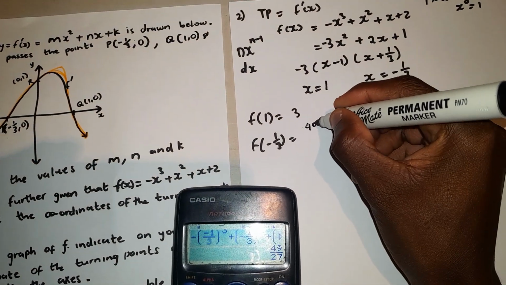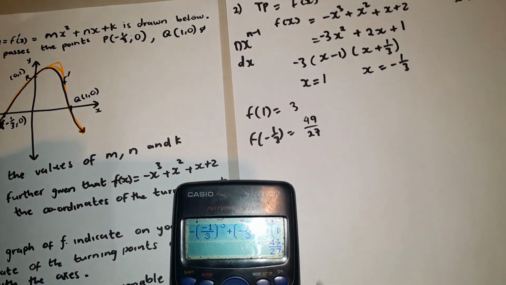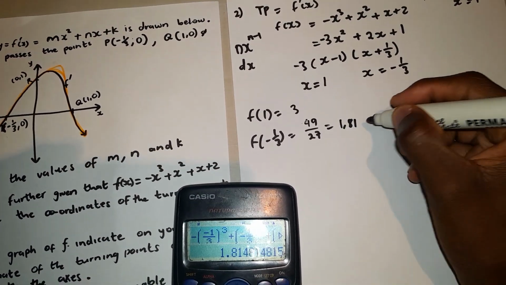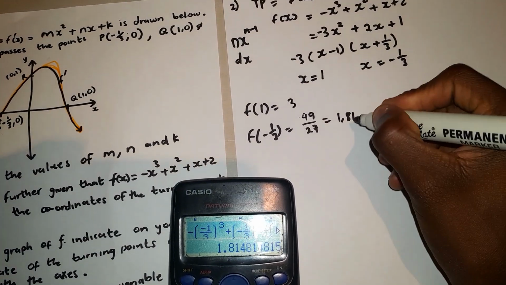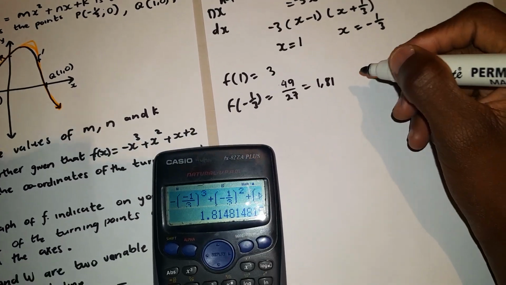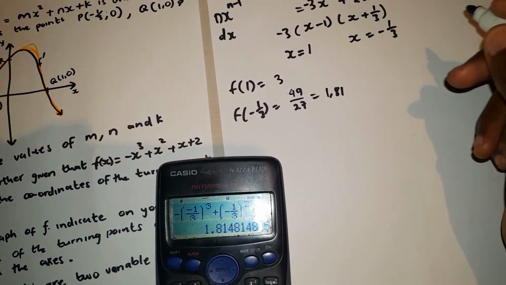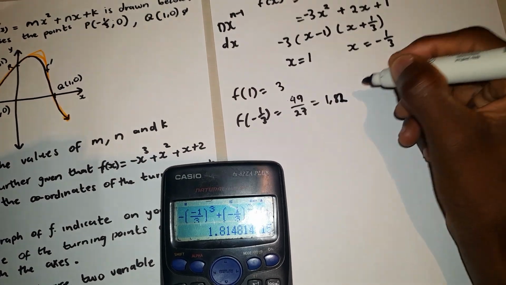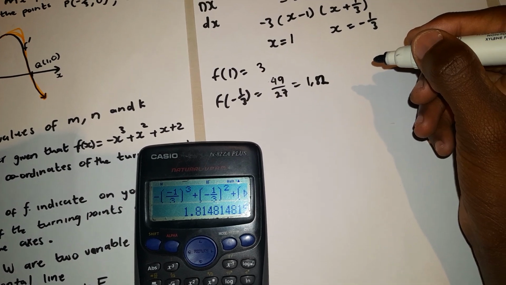It's 49/27, which is 1,81 units. Just going to leave it in 2 decimals. Rounded off, it will just give us 1,82.